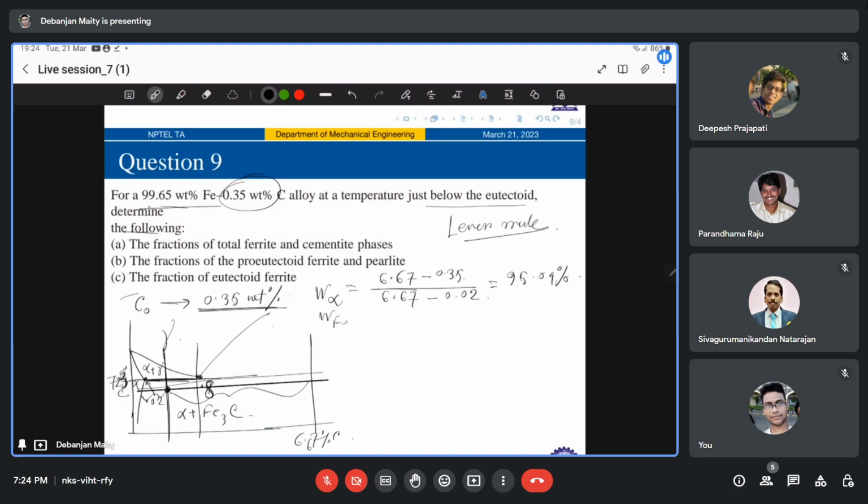Great. And what about the percent of Fe3C? So this is 0.35, and then you have 0.02, and then we have 6.67 minus 0.02.